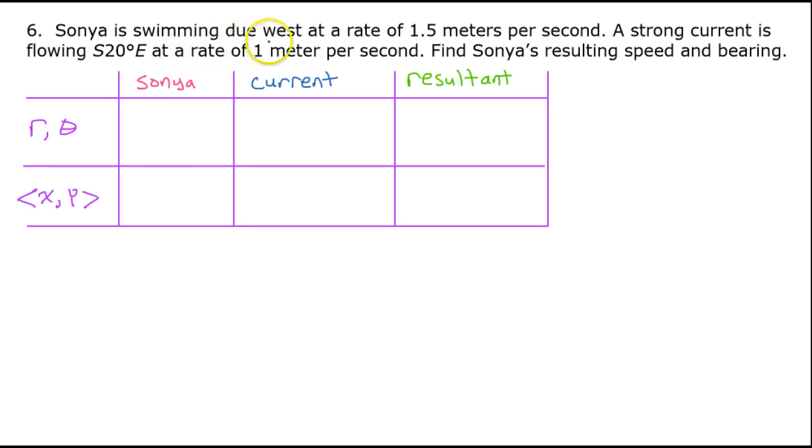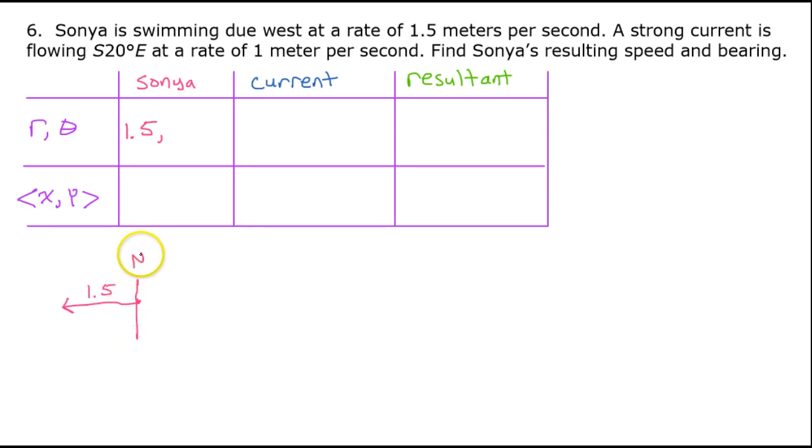She is swimming due west at a rate of 1.5 meters per second. So look, the magnitude is simply the 1.5 meters per second. Now let's talk about the direction. If she is traveling due west, and the magnitude is 1.5, when we talk about the direction, think about where this would be if we measured it from the positive x-axis.